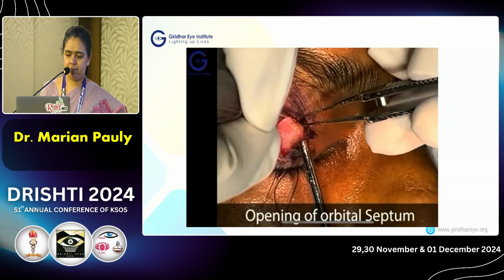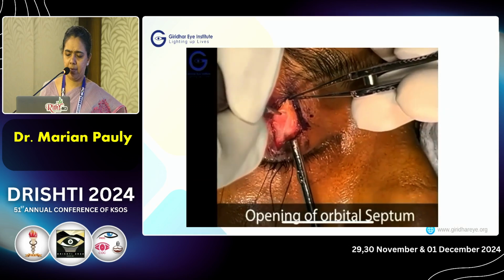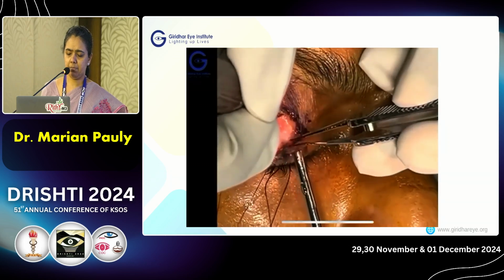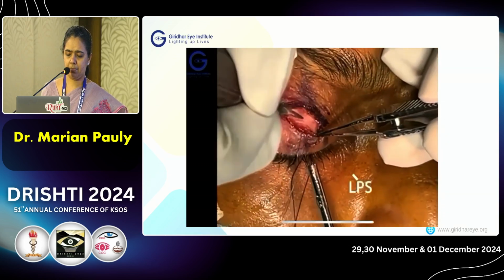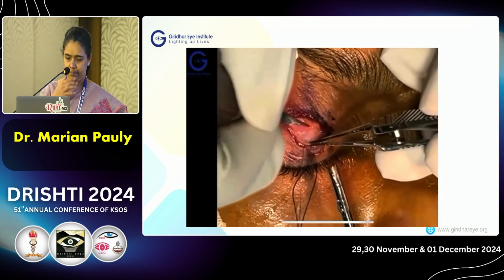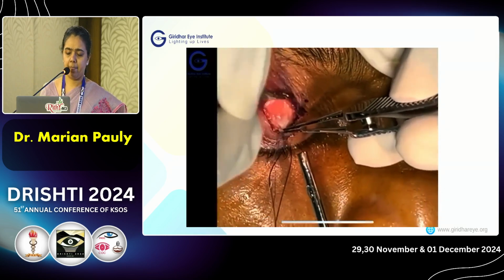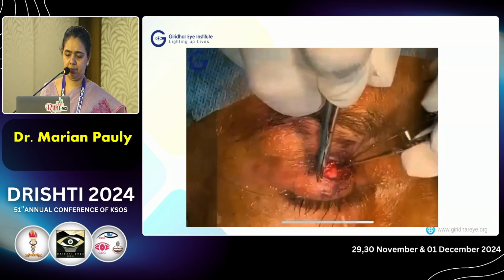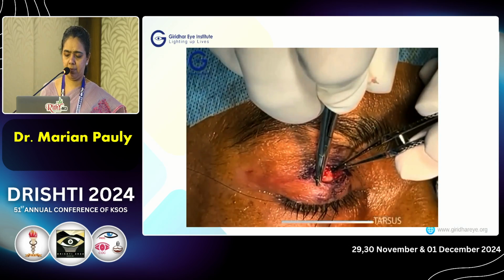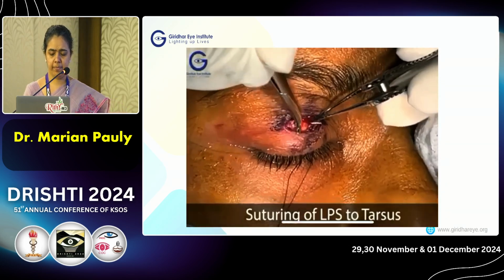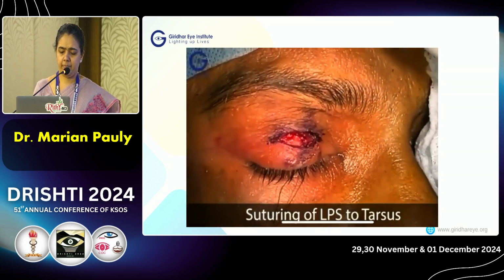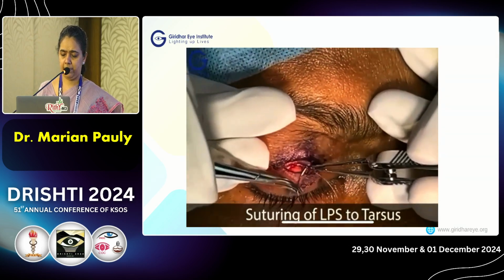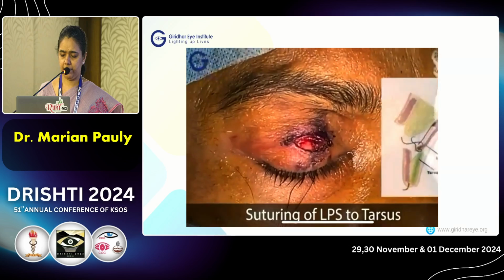Orbital septum is opened and retracted. LPS aponeurosis identified and sutured to the tarsus with non-absorbable single box suture with 6-0 Prolene after adjusting the lid height.